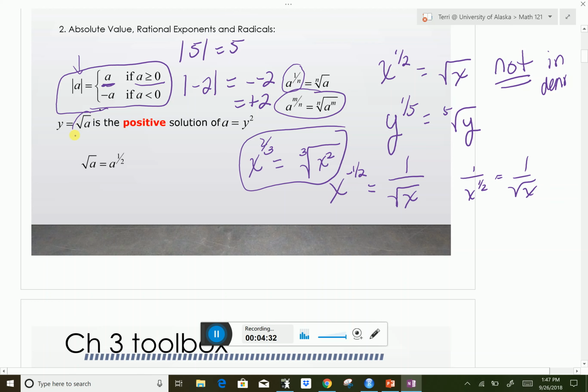And just a reminder that the square root of x, when I use this symbol, is the positive solution of a equals y squared. That's why a lot of times, if we say y equals x squared, then x is plus or minus the square root of y. That's why we have to have both of these, because this already denotes the positive square root.